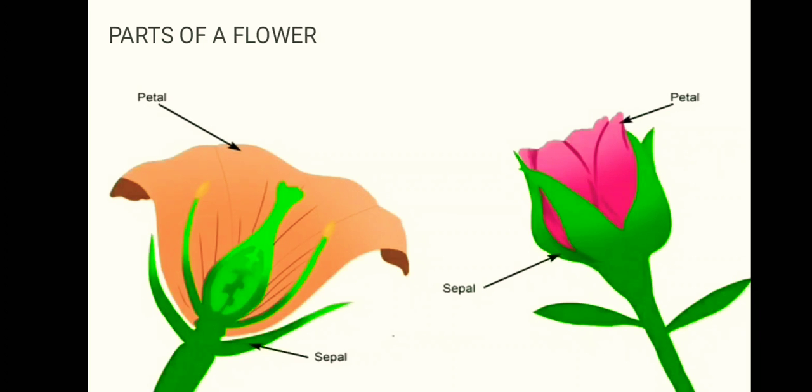Petal is the colorful part of a flower and sepal is the green part that encloses the bud. Other than petal and sepal, some other parts are also present in a flower that you will study in higher classes. Right?